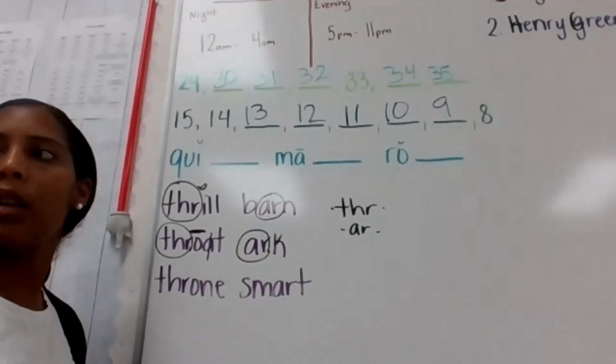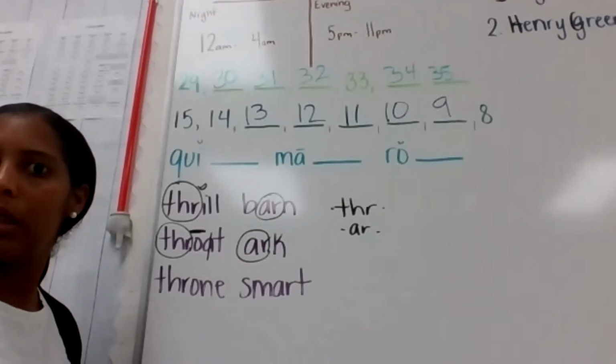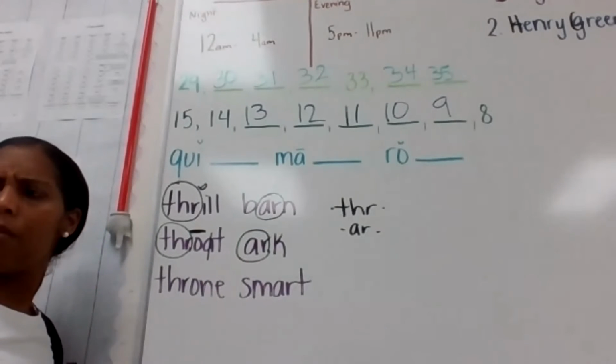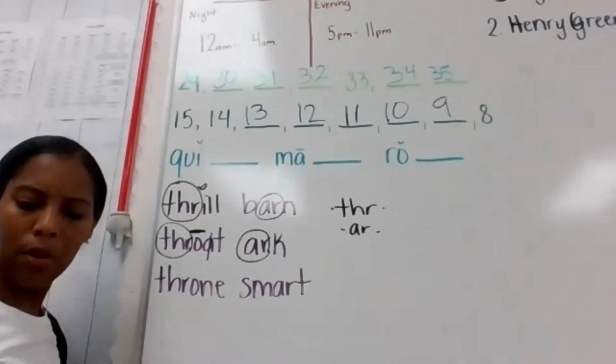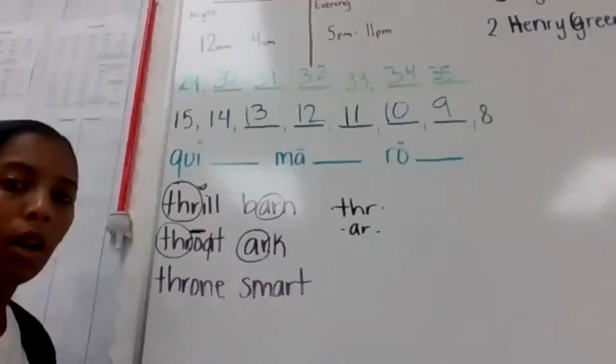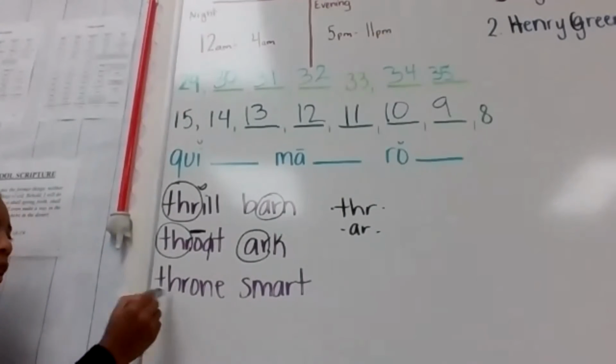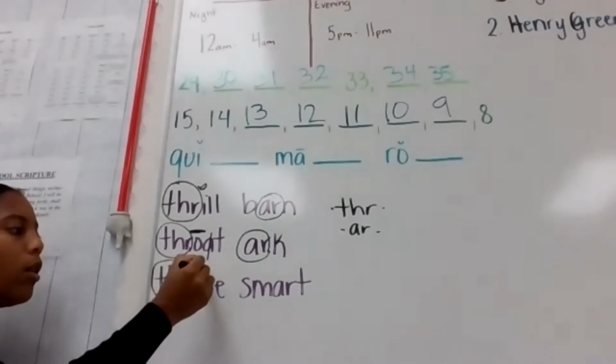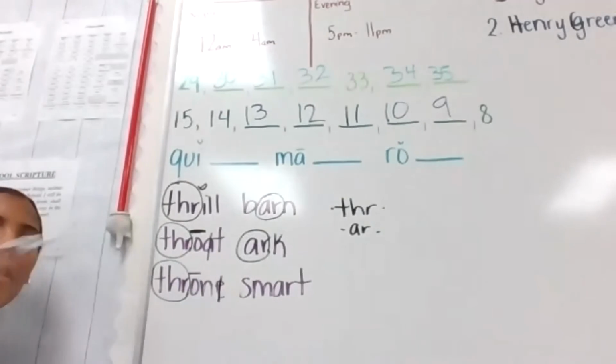ARR, anybody? Okay. Who didn't I read? Okay, Joshua, ARR. Arc. Awesome. Next, we have THR, third, long O, silent E.